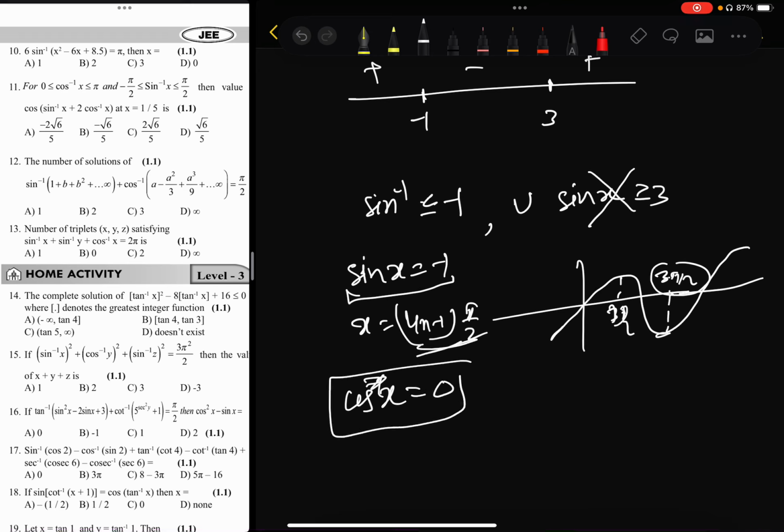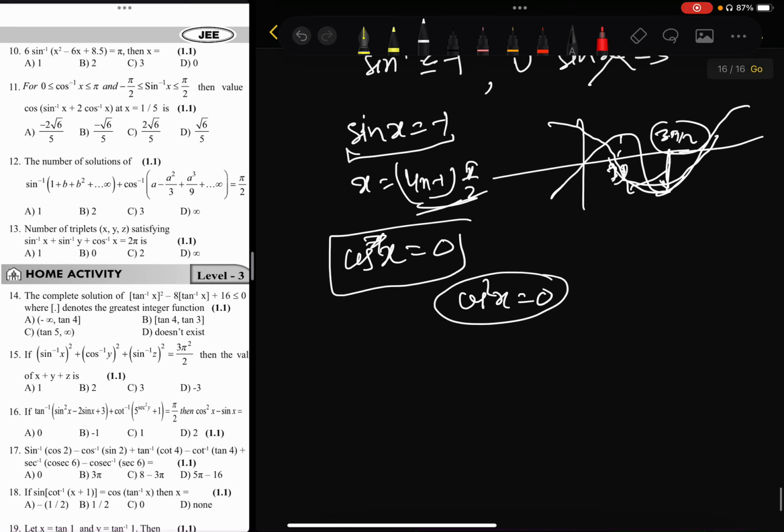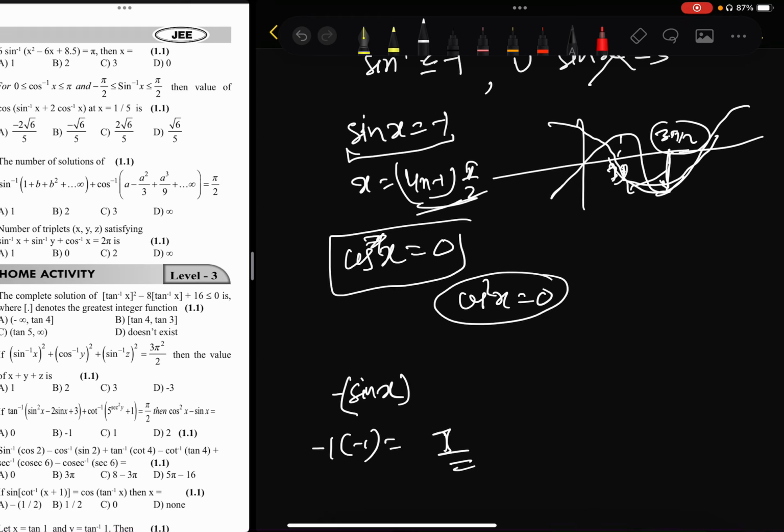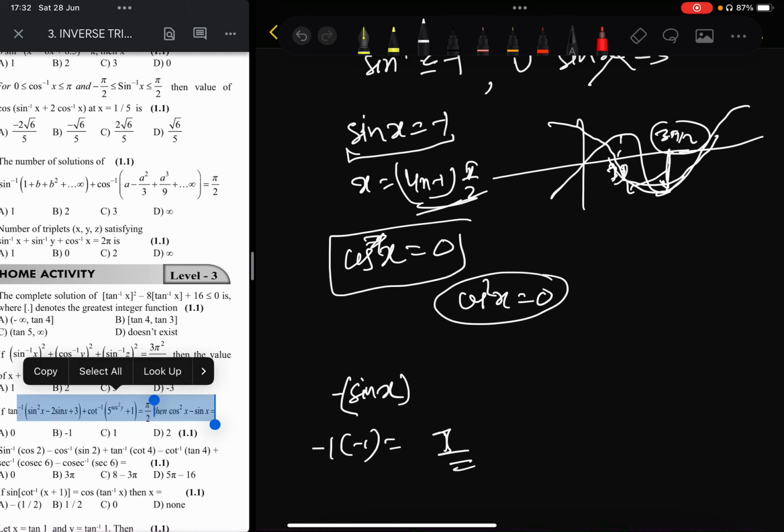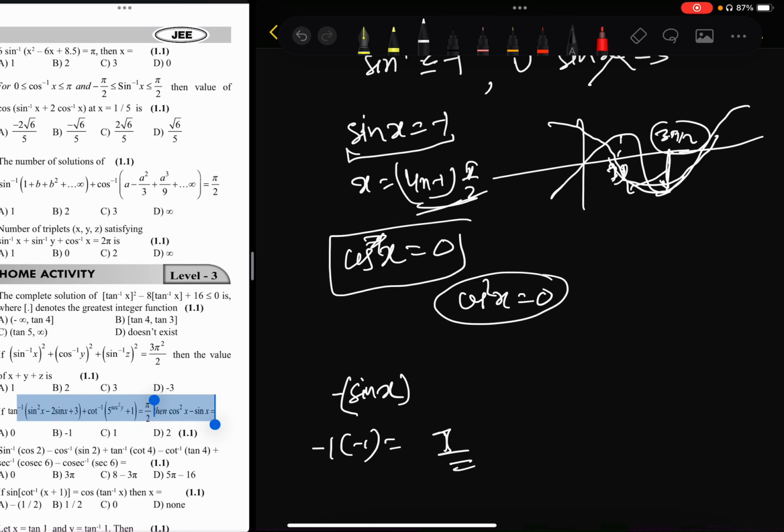At these points, if you draw the graph, you will find cos is 0. So cos square x will be 0, and the remaining expression is minus sin x, and the value of sin x is minus 1. So minus of minus 1 is equal to plus 1. So this expression will always give a positive value, that is 1, right?